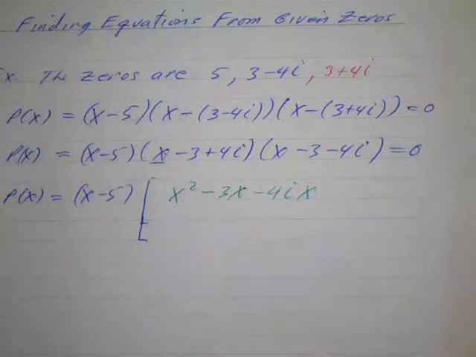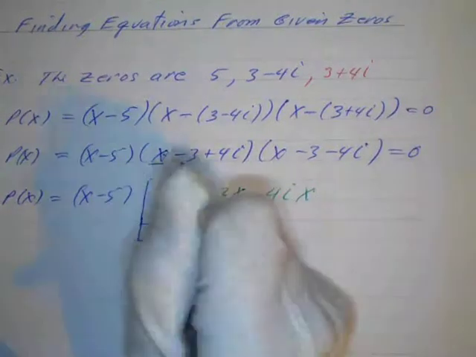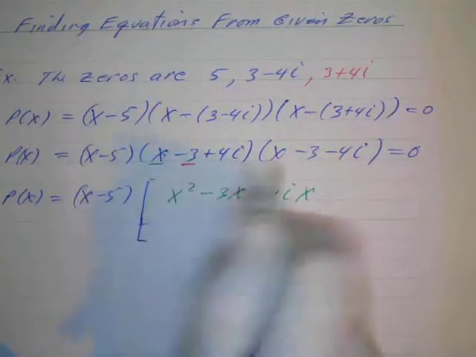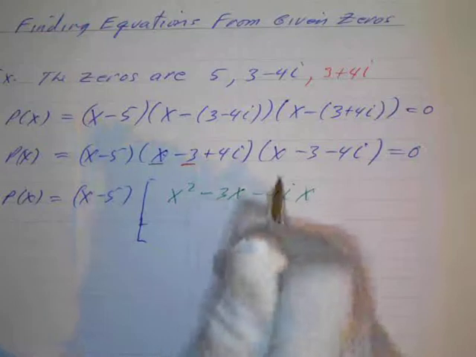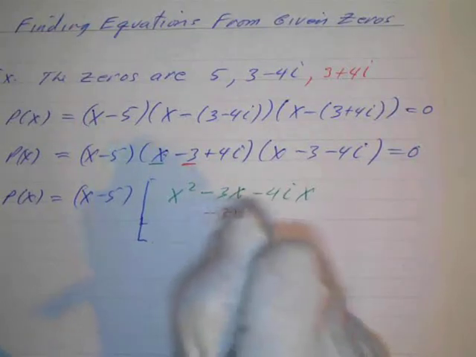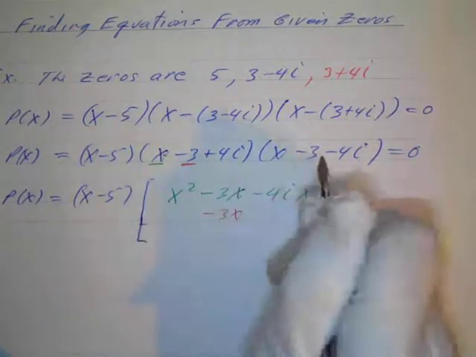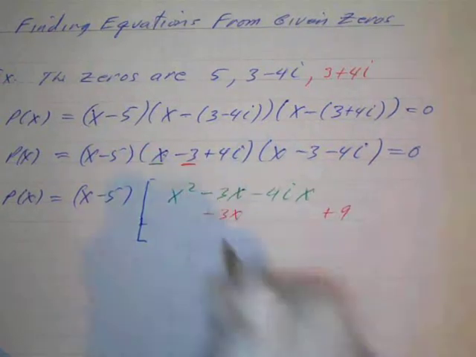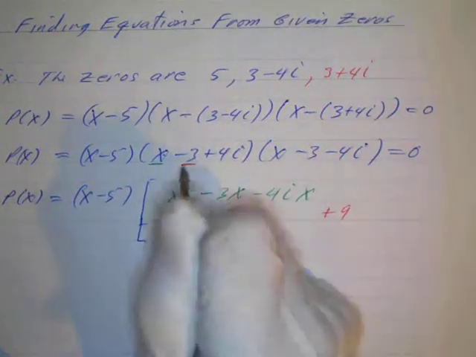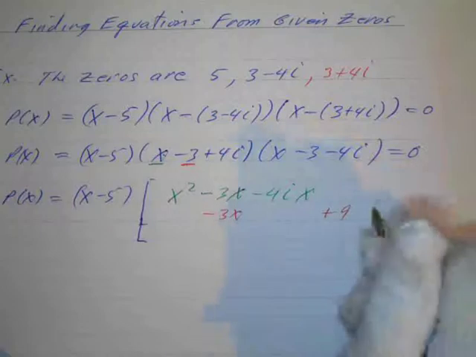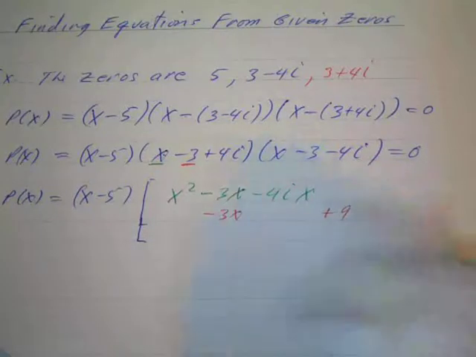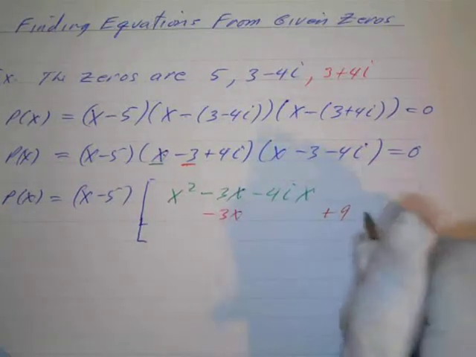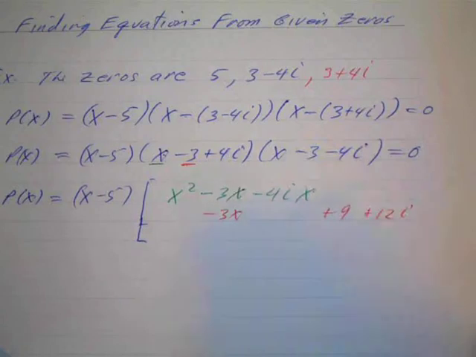Now I'm going to multiply everything by negative 3. So negative 3 times x is negative 3x. And negative 3 times negative 3 is positive 9. I don't have any 9s over here, so I'll write this over here. So we're writing our like terms. And then negative times a negative is a positive, and 3 times 4 is 12i, and I don't have any i, so I'll write that over here, plus 12i.